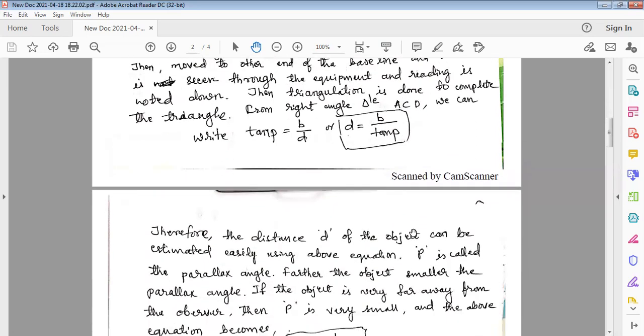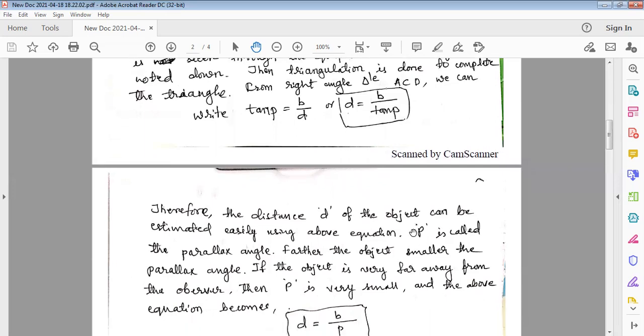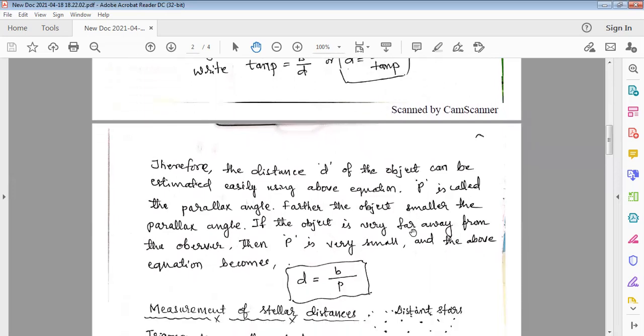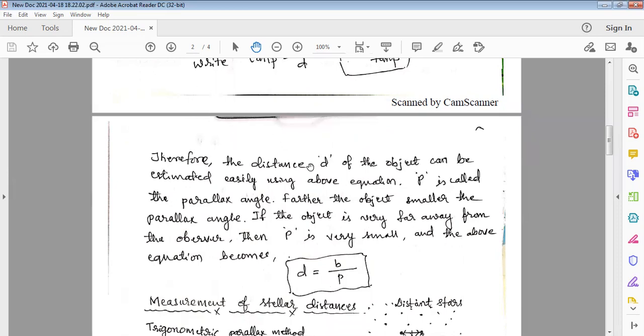In a simple way, you can measure longer distances without actually measuring them. So this is the indirect measurement. Therefore, the distance D of the object can be estimated easily using our equation.